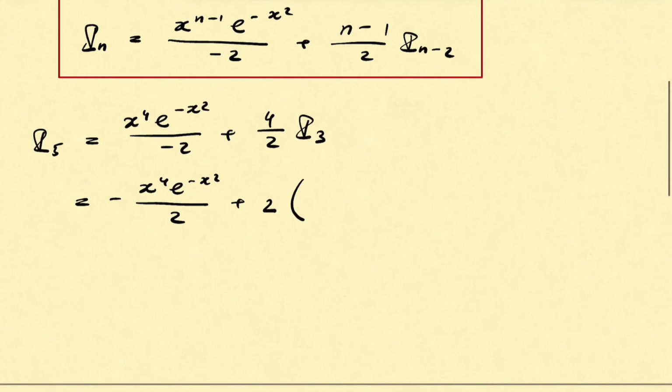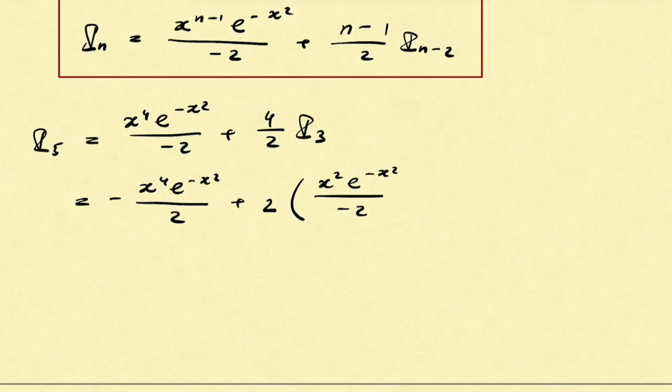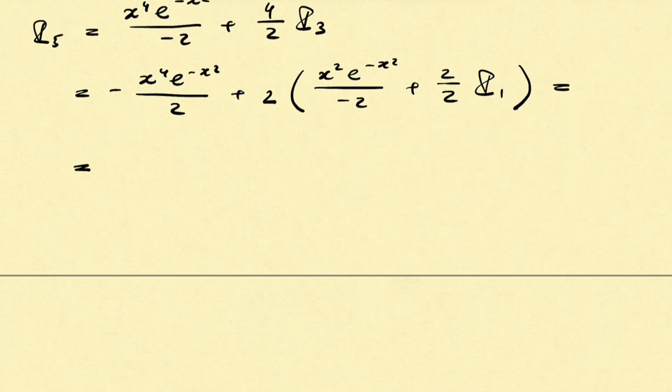Now we put n equal to 3, which gives x² e^(-x²) over -2 again, plus (3-1)/2 times I_1. So it's equal to minus x^4 e^(-x²) over 2.